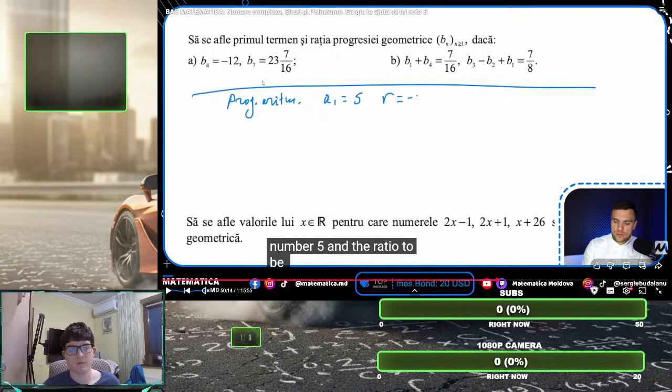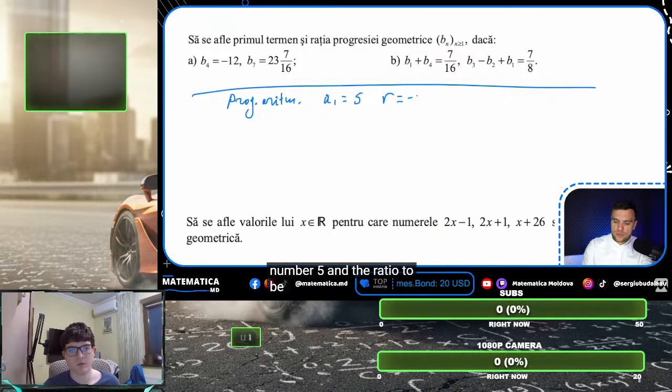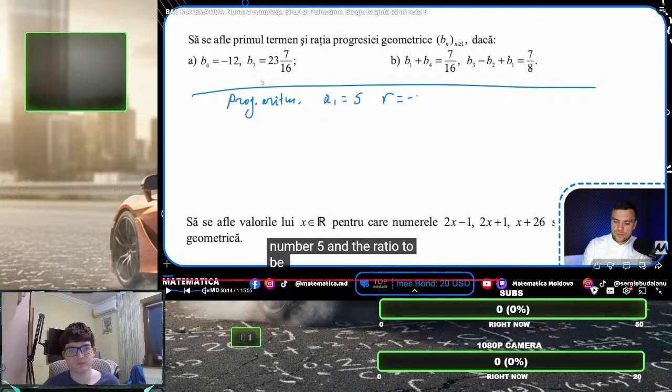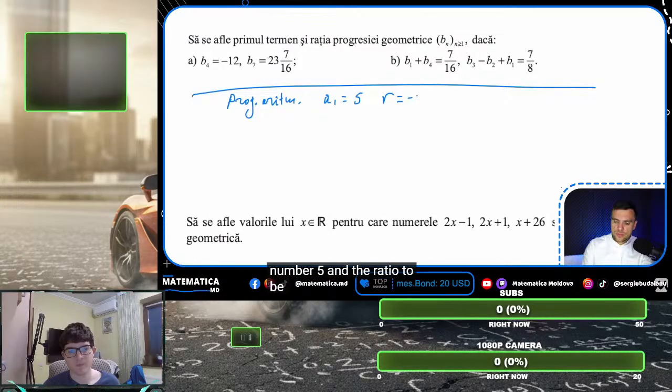I don't know why he wrote down 5. We've got to find the ratio. But we're not trying to find A1, we're trying to find B1, the first term here.